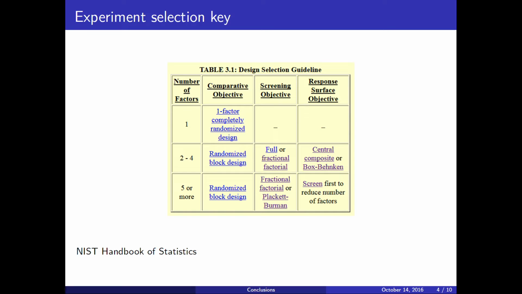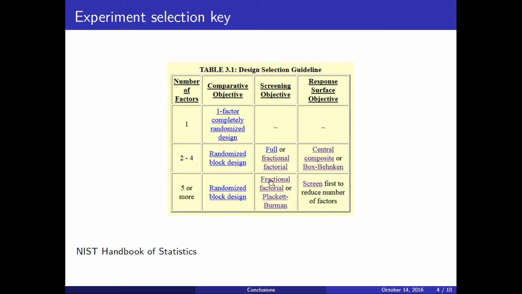If you have a low number of factors, then completely randomized design or block designs with randomization are good if you want to compare carefully what the differences between groups are, and if your main objective is to identify the factors that are making a difference.